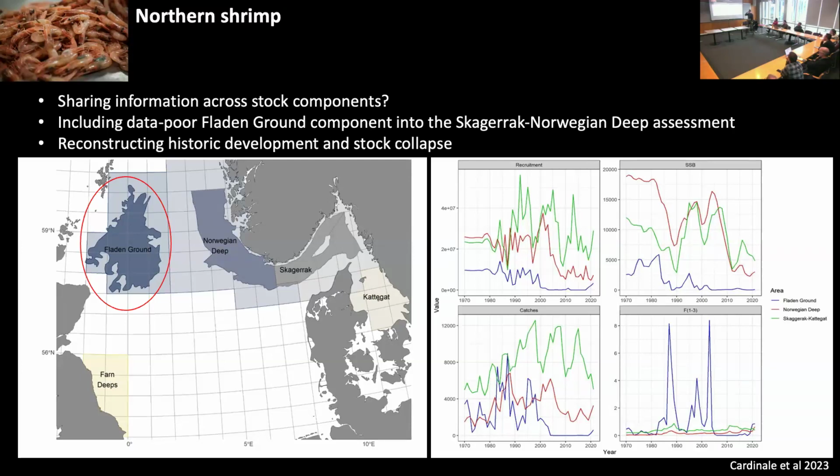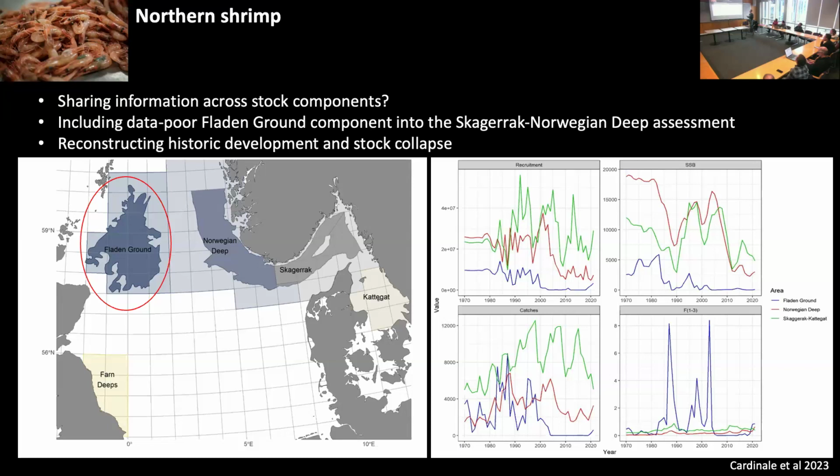Yeah. So another thing that was interesting with bringing in this stock unit concept is that it allows us to look at stock components, for instance, that are open or on spawning grounds that are somewhat connected to the complex. This one experienced a stock collapse some decades ago and hasn't really recovered.